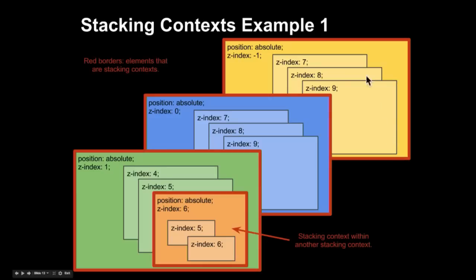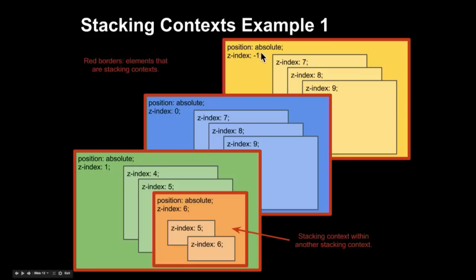So here's an example where I have 4 different stacking contexts. The fourth smaller stacking context over here is actually a stacking context within the green stacking context. There's no way to indicate that. I'm just telling you that that's what I had intended when making this figure.